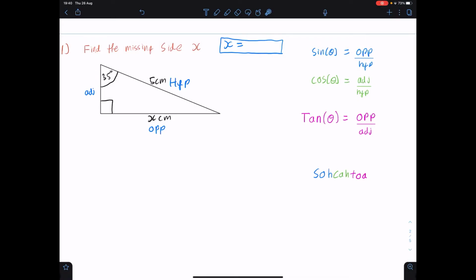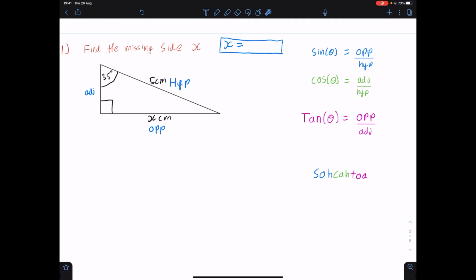Now that we have labelled the sides of this triangle, we want to figure out which sides will be relevant to us in this question. Well, obviously, this side here, the opposite side, will be relevant to us because we want to find the length of this side. And we have that the hypotenuse is 5 centimeters long.